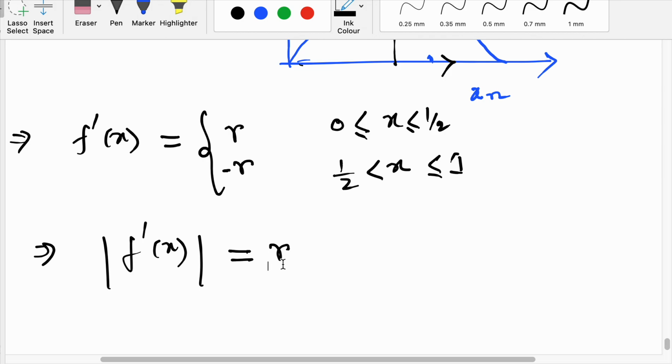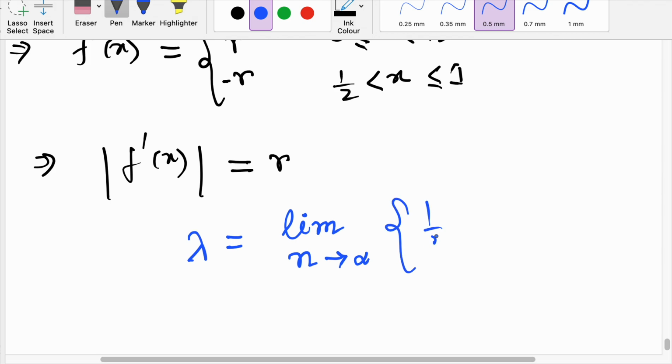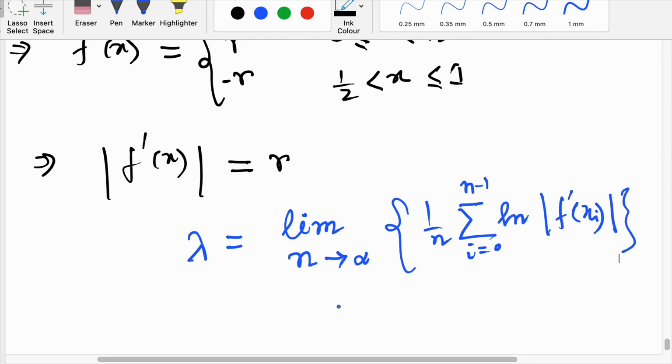So now if you calculate the lambda, the Lyapunov exponent, it means the limit n tends to infinity of 1 by n, the summation i equal to 0 to n minus 1 of ln f prime of xi.